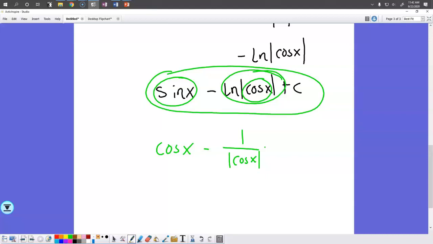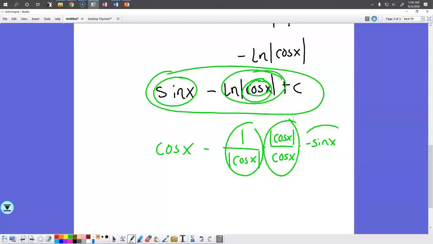The way that you take the derivative of an absolute value is you do something to this effect, I believe. And then you multiply it by the derivative of the inside, which would be negative sine x. So here's the derivative of the ln, here's the derivative of the absolute value, and here's the derivative of the cosine. It's like a double chain rule, the eggshell, egg white, yolk problem.